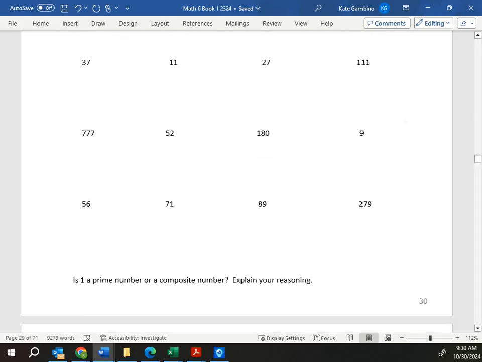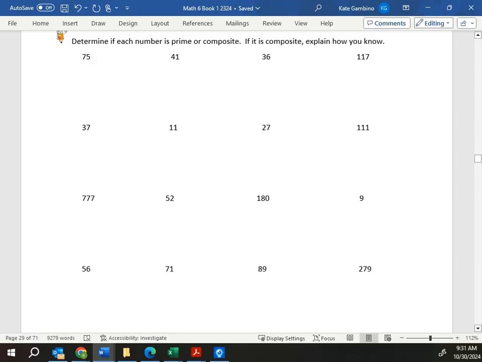So let's look at 75. Prime or composite? Sophie? Composite. How do you know? Because 1 plus 75 is 70. That makes it prime.